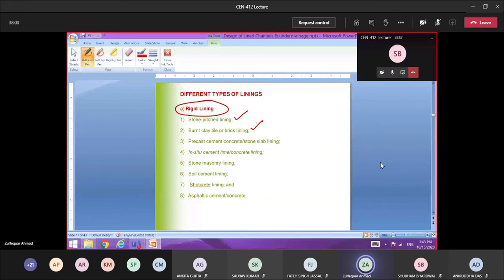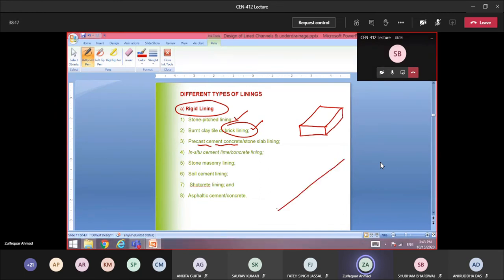In that new canal, brick lining has been done. The lining may be a precast cement concrete block, and such blocks are placed on the sloping surface of the canal.